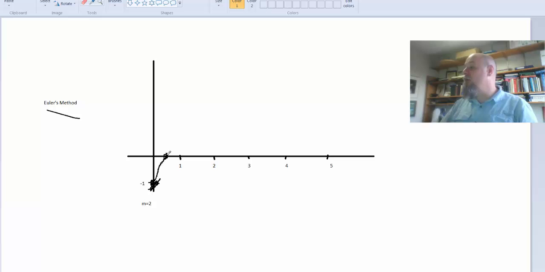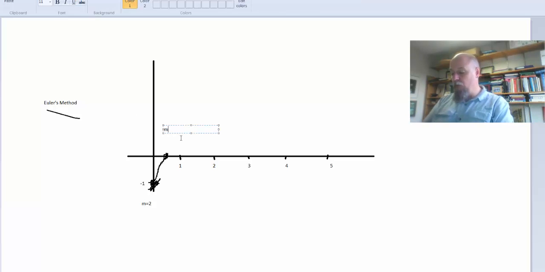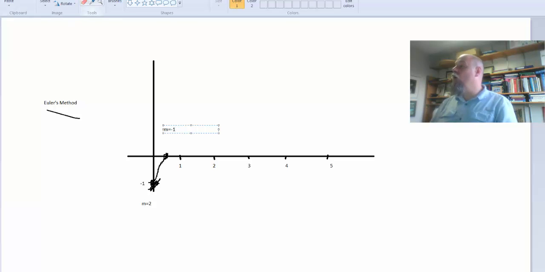Anyway, so I'm at this new point. This is the point (1/2, 0). And if I recalculate the slope here, I get the tangent slope is equal to -1. That means if I move over 1, I would go down 1. But I'm moving over a half, so I would go down a half.